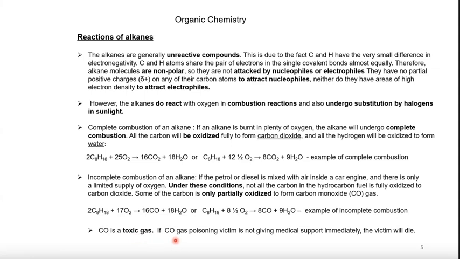This is why we have to take care not to get incomplete combustion in a car engine, and we use a catalytic converter so that the least possible carbon monoxide goes through the exhaust. If a person is poisoned with carbon monoxide and not immediately taken to a hospital, the victim may even die.